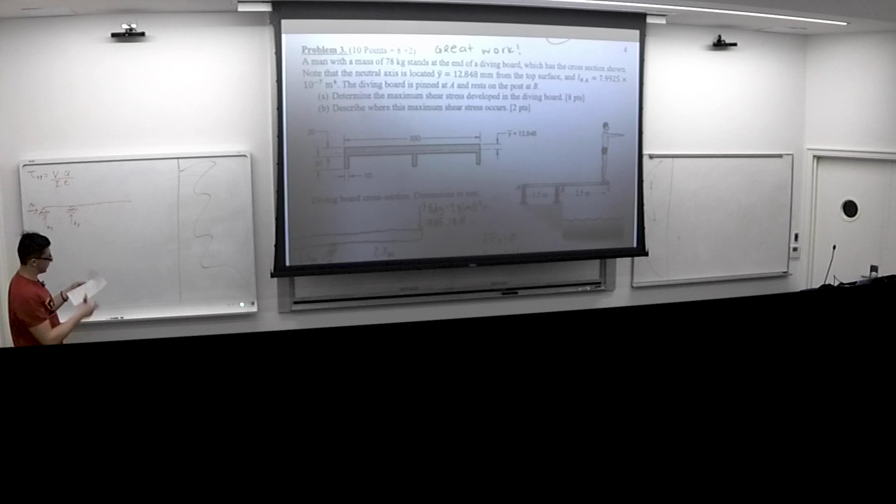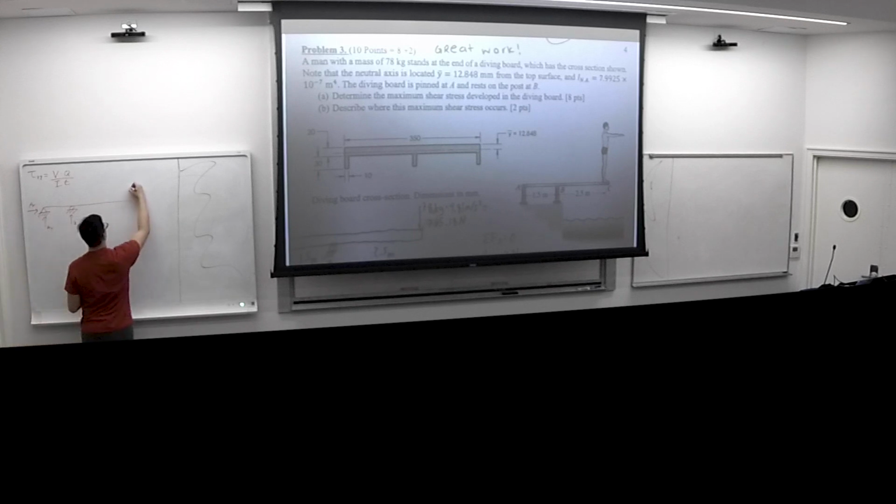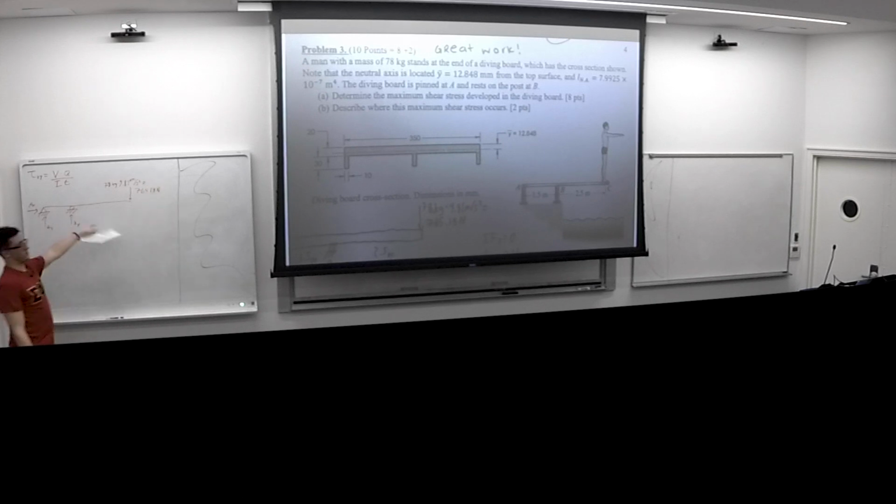And the guy himself exerts a force. He is 78 kilograms times, don't forget to multiply by gravity, 9.81 meters per second squared is 765.18 newtons. So that's the setup for the free body diagram.